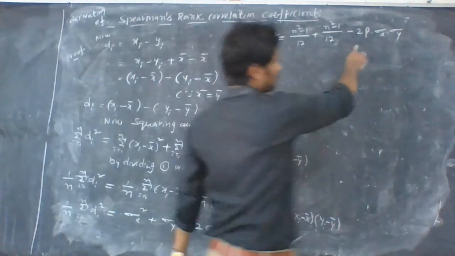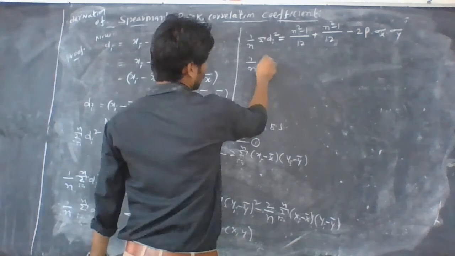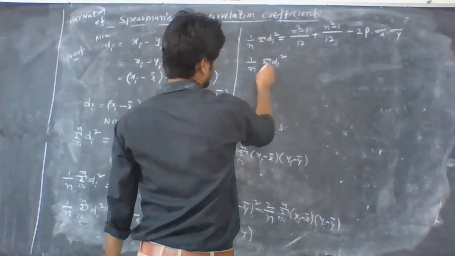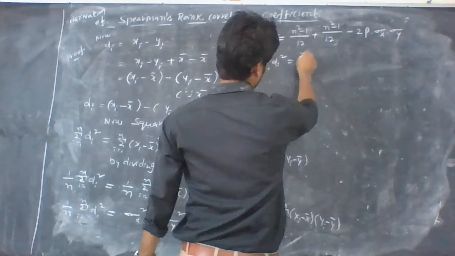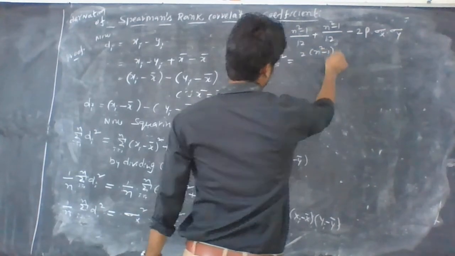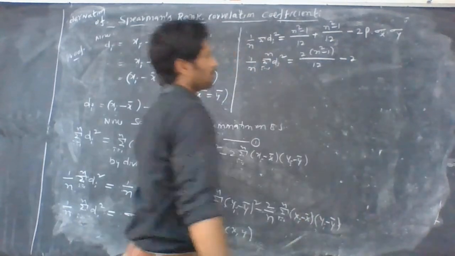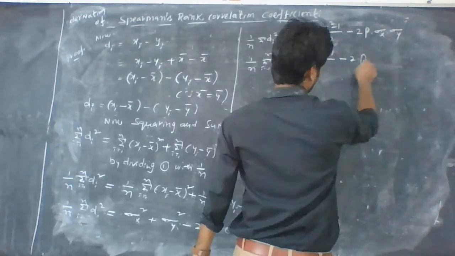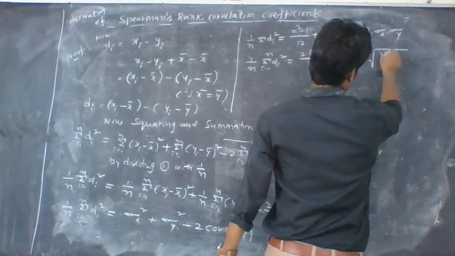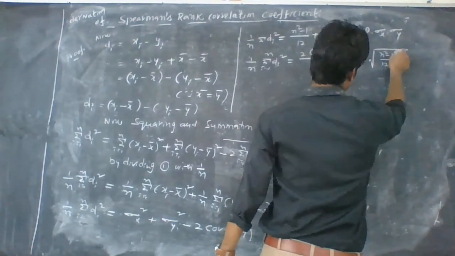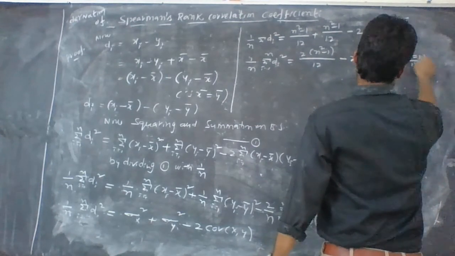So rho into sigma x into sigma y. 1 by n summation di square equals (n square minus 1 by 12) plus (n square minus 1 by 12), minus 2 into rho into square root of (n square minus 1 by 12) and again (n square minus 1 by 12).